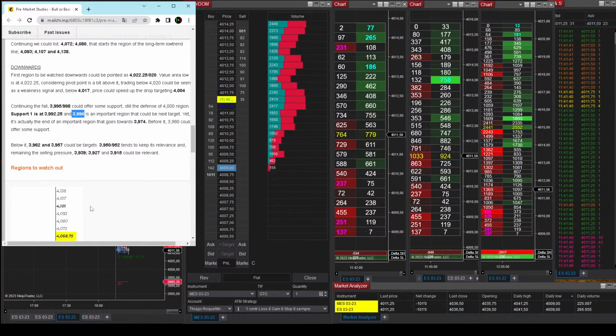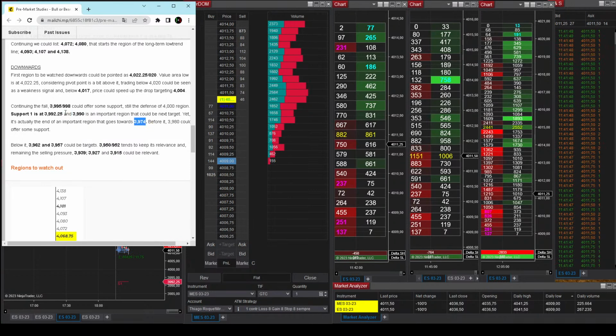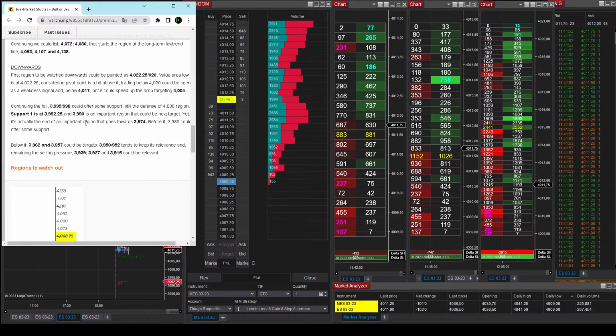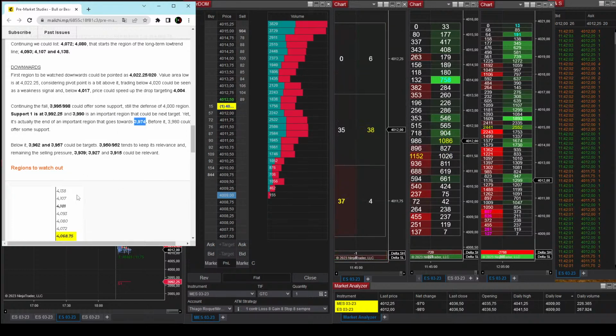90 is the beginning of another important range from last week that goes from 39.74 to 39.90, 74 to 90. So as usual, in my perspective, entering the 90, we could see a try to go until the 74.